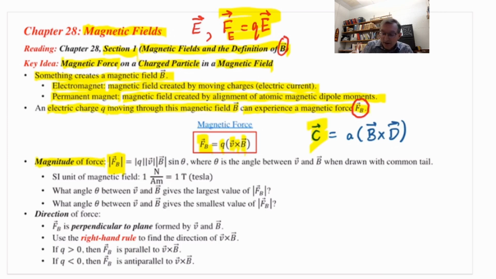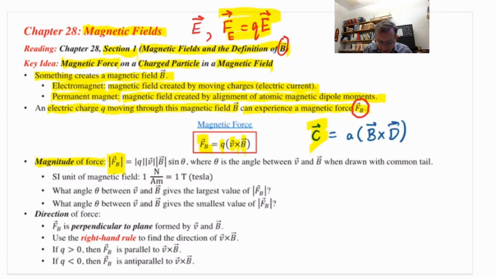Well, for any cross product, the magnitude is the magnitude of the first vector times the magnitude of the second vector times the sine of the angle between them when they're drawn with a common tail. And now we just have to carry along that scalar out front as well. And that scalar might be negative.